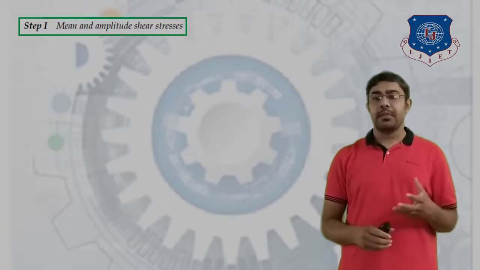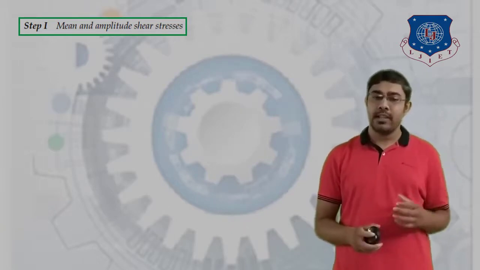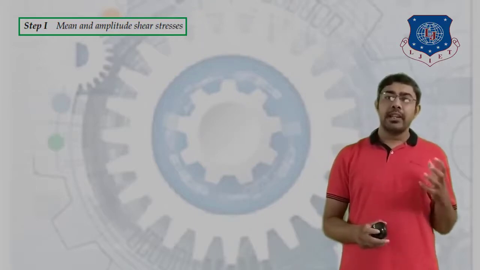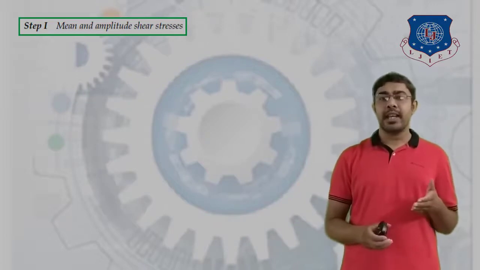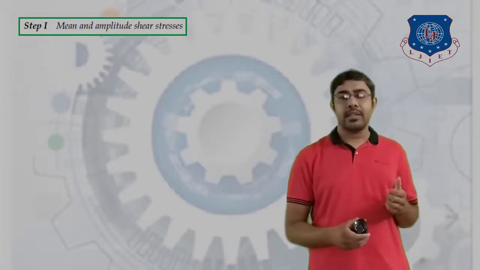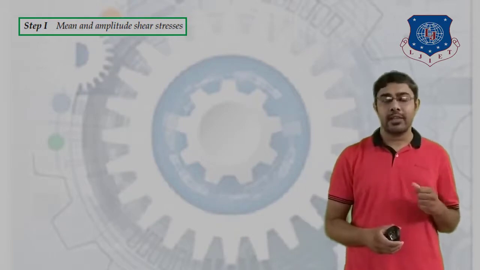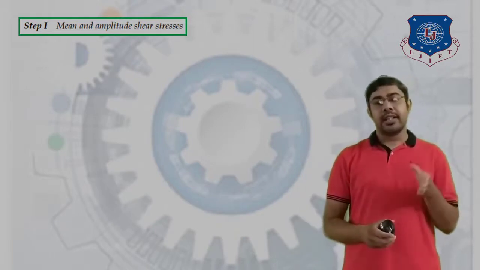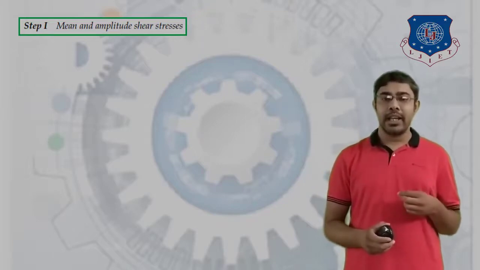So in the case of a spring, we have to calculate the mean and amplitude shear stress. For the mean stress the Ks factor is used, and for the amplitude stress the K factor is used.